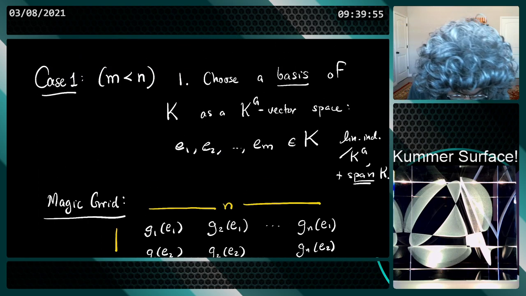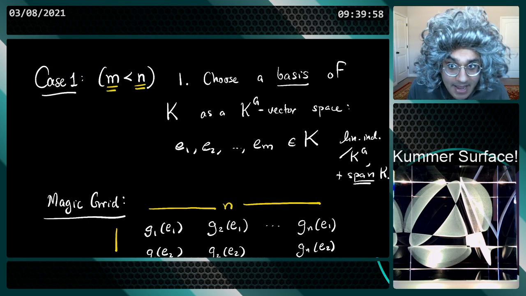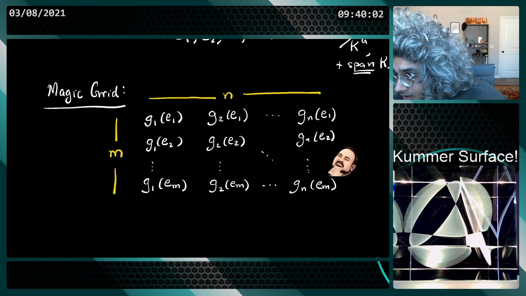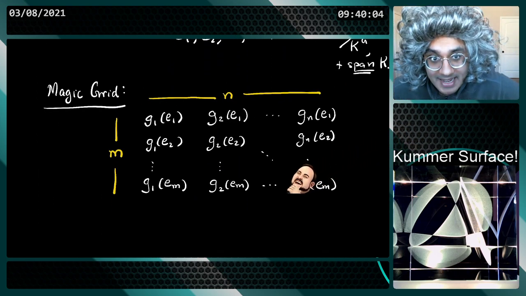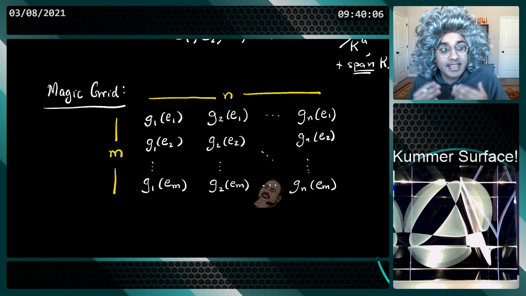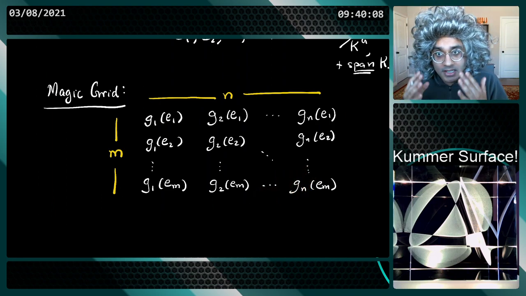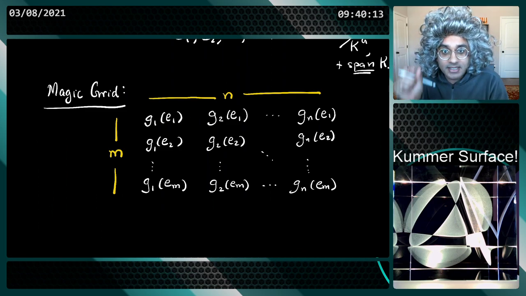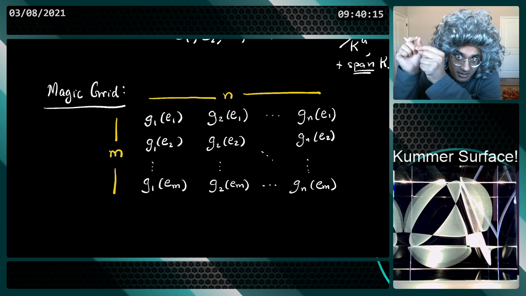But if n is bigger than m, then this matrix has a non-trivial kernel vector, which is a vector of size n long.